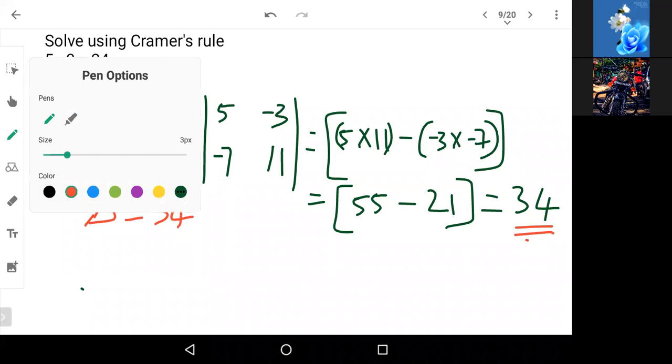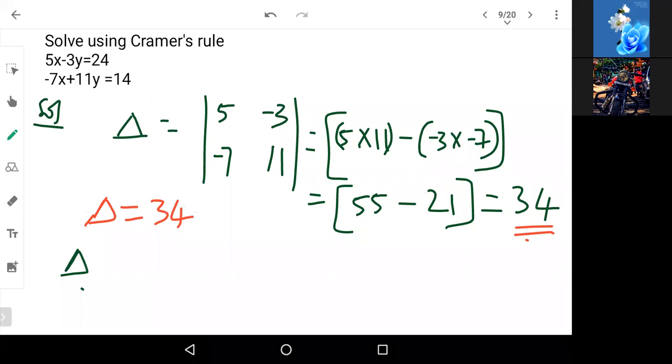Now, let us find out delta x. Now, what should be my determinant for delta x? Write the matrix. No, Spurti, it's ulta.